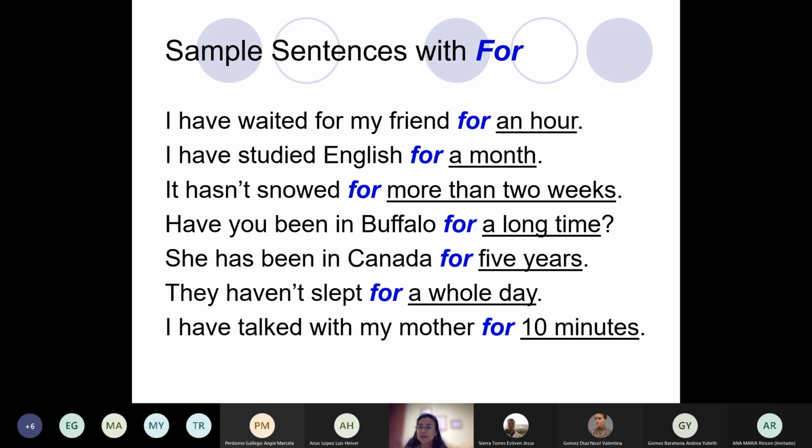Next one. Angie Perdomo. They, negative sentence. They haven't slept for a whole day. Don't say sleep because sleep is in present, and the past tense and past participle is slept.